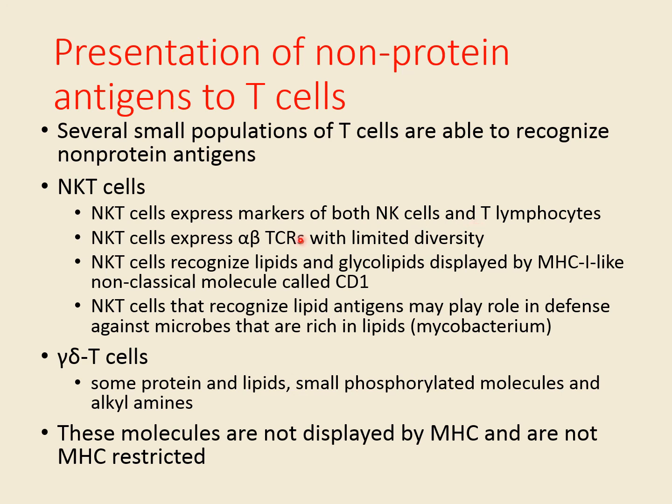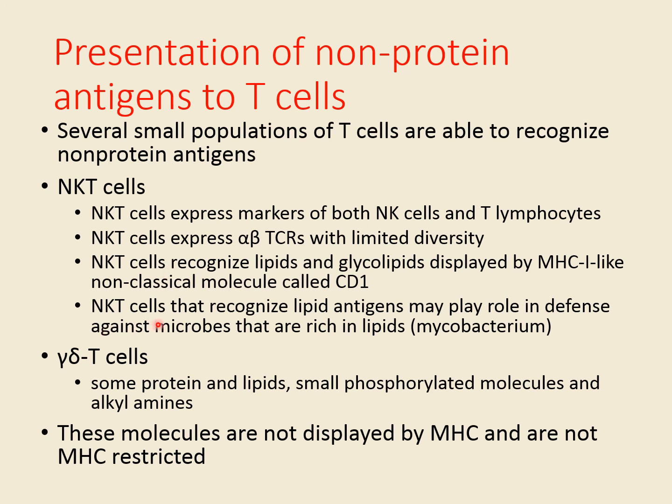They have T cell receptors made up of alpha and beta chains, but with limited diversity. These NKT cells recognize lipids and glycolipids displayed by an MHC-like non-classical molecule called CD1. So CD1 molecules display the non-protein antigen to the NKT cells.